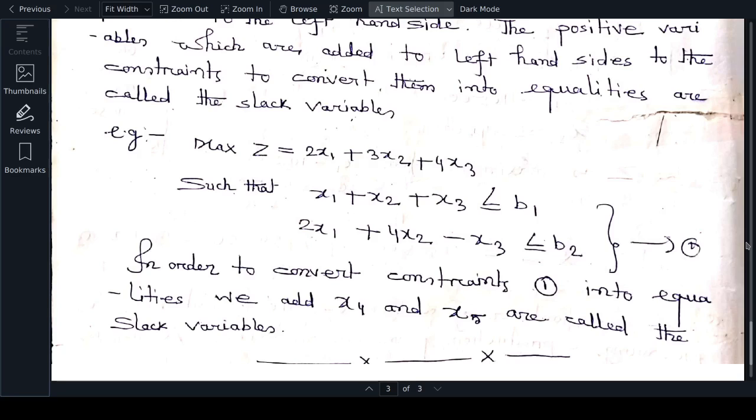Yes, sir. And one thing you see in this example, the objective function is max z equal to twice x1 plus 3x2 plus 4x3, and the constraint right hand sides are what?